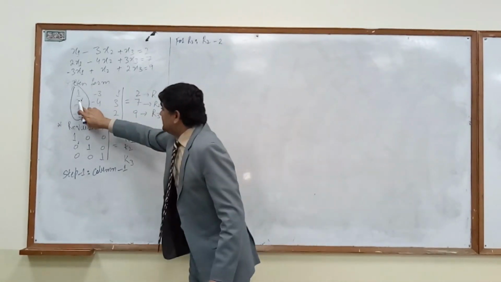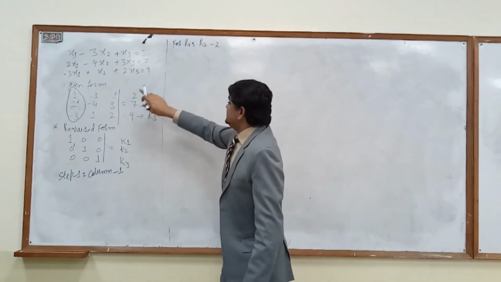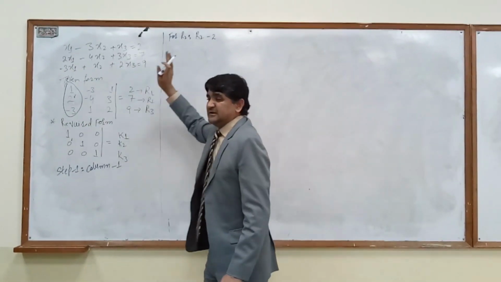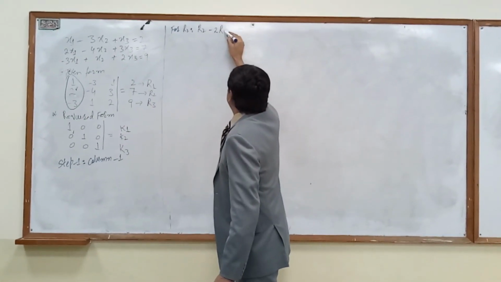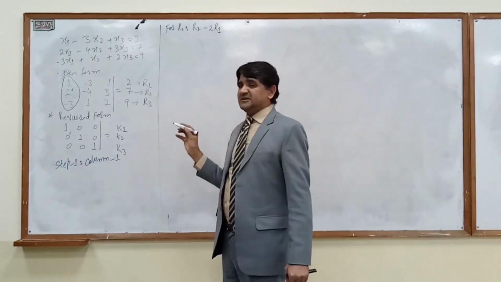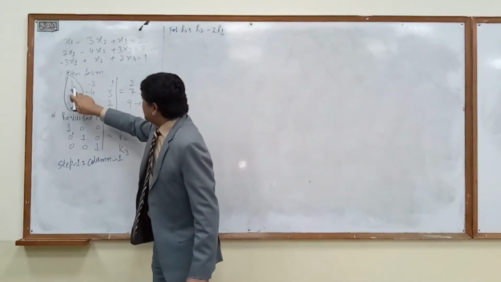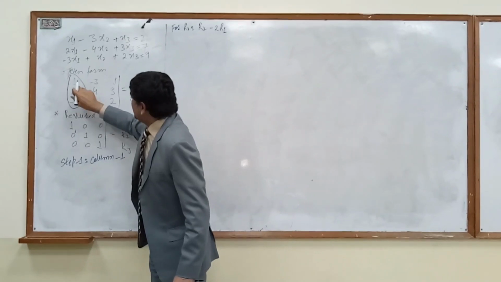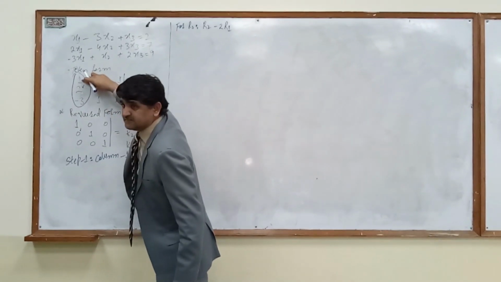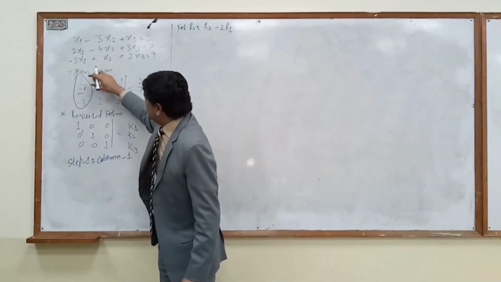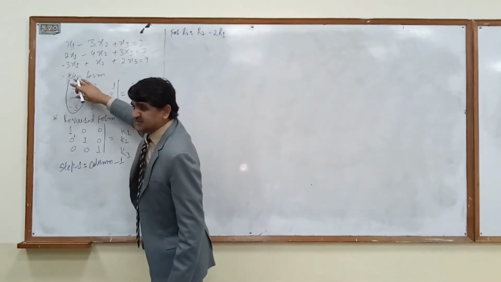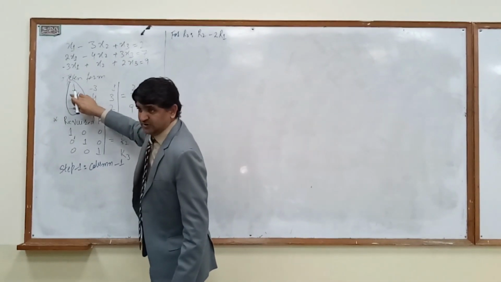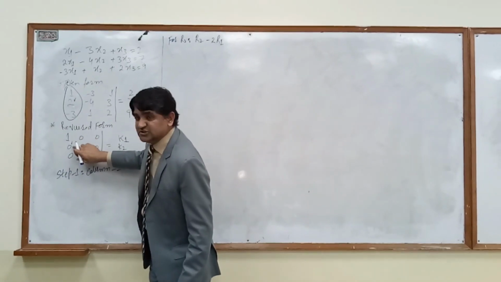What is the coefficient here? 2. So obviously R1 will be multiplied with 2. If we multiply R1 by 2, 2 multiplied by 1, the answer is 2. If we then subtract, the value will be 0 here. And what is required? 0.